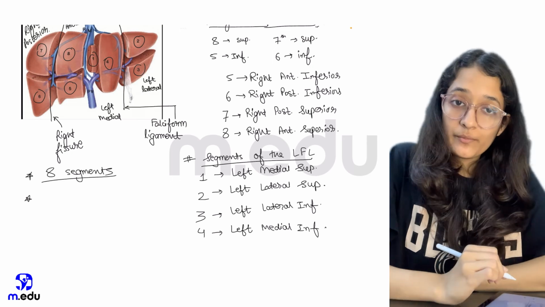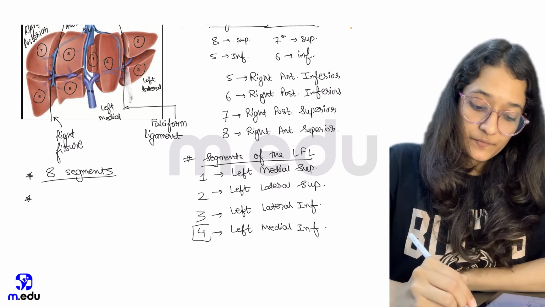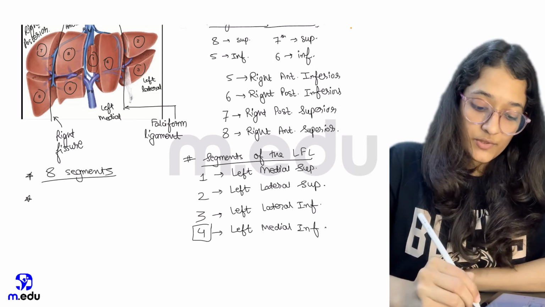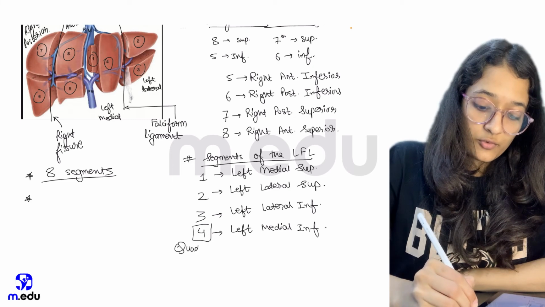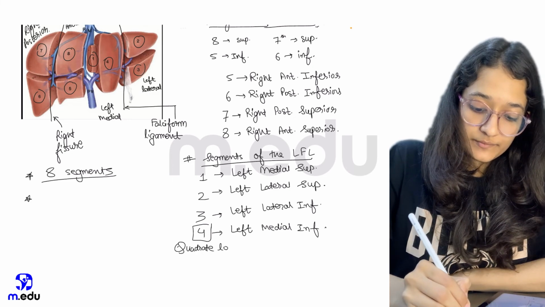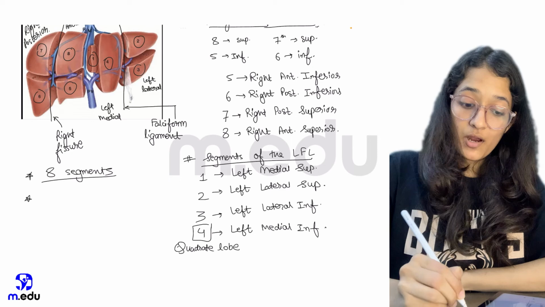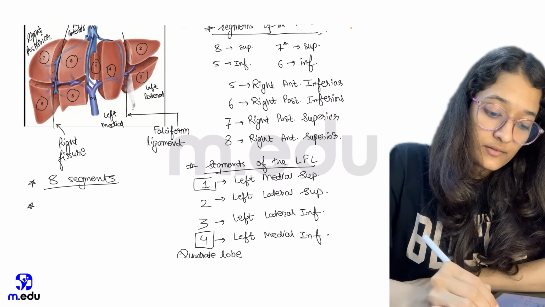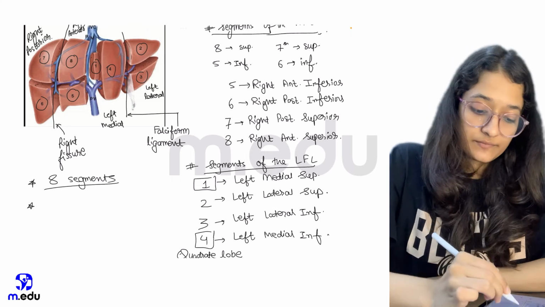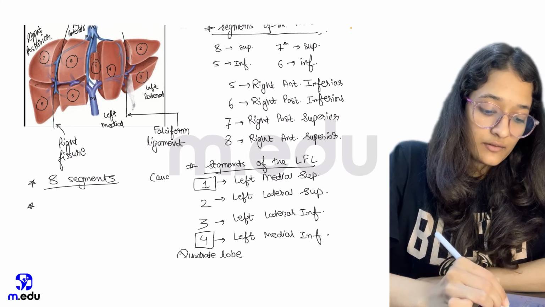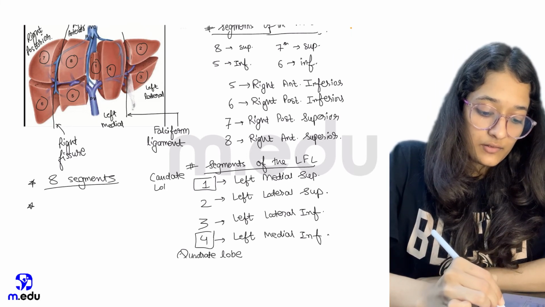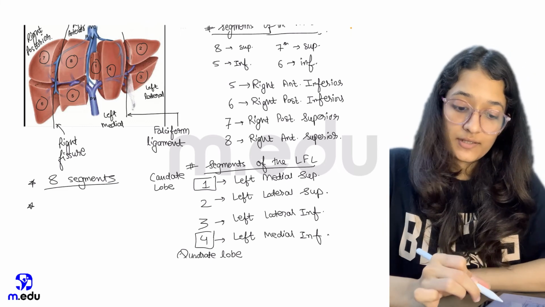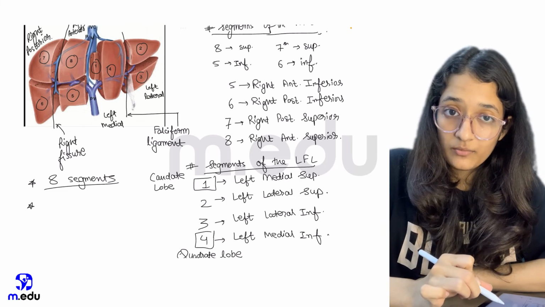Now a few important points. The 4th segment, which is also called the quadrate lobe, is part of the left functional lobe. But the first segment, the caudate lobe, is it part of the left functional lobe?